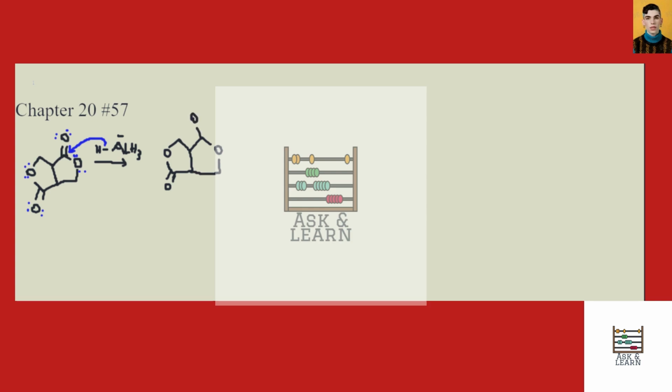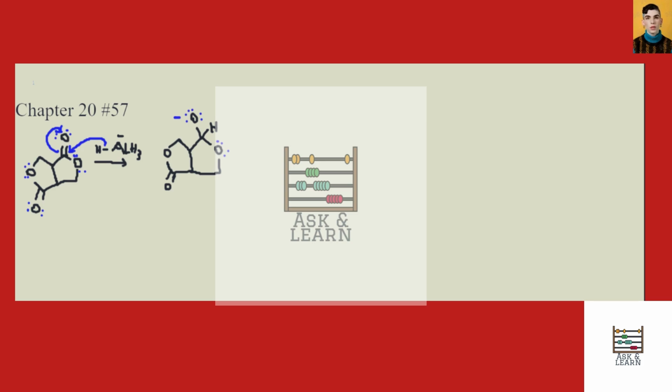So we have our oxygen there. The hydride has added here. And so this oxygen is now going to have 3 lone pairs, and I forgot an arrow here. I apologize. So that is going to happen as well. So now it's more obvious. This oxygen has 3 lone pairs and a negative charge.